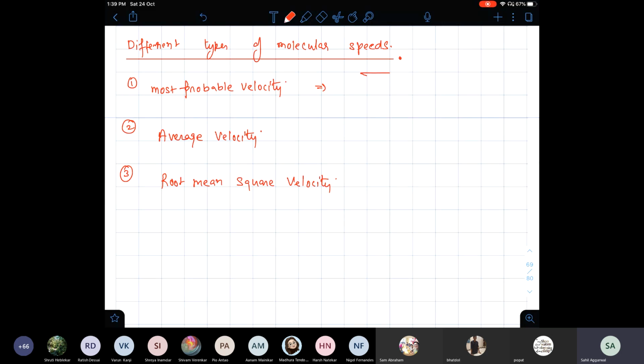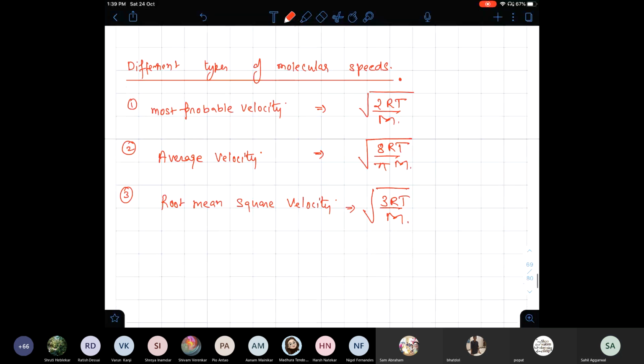This is given by the formula root 2 RT by M. This is given by the formula root 8 RT by pi M. This is given by the formula root 3 RT by M. Copy it fast.